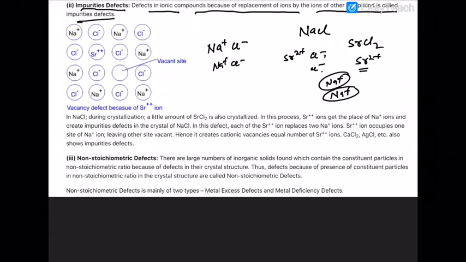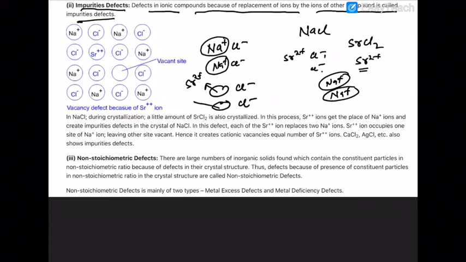But if in place of these, there are two positions. Now if in one of the places Sr2+ comes, it will satisfy both the anions and that position will remain free. Yes or no? Clearly understood or not?